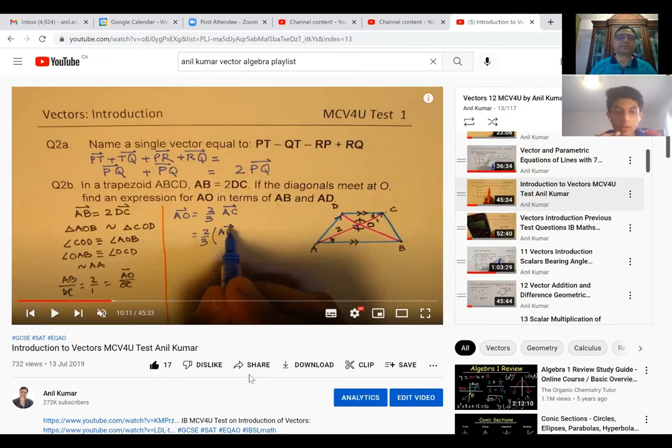Correct. And then we have to find AO in terms of AB and AD. Right. So my vector would go from A to O. Yes. And then I think I can split AB and AD in terms of DC, right? Yes, you can. And then after that, we can find a way to substitute it into what's required, right, sir? Got it. So the approach here will be, as you can see, we have similar triangles here, right? And the ratio is 1:2 because the other side is double.